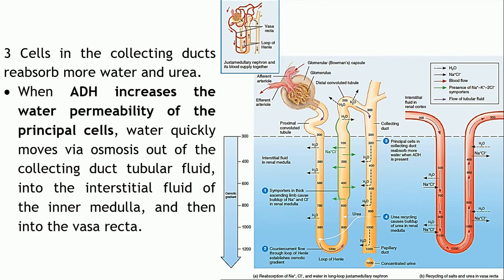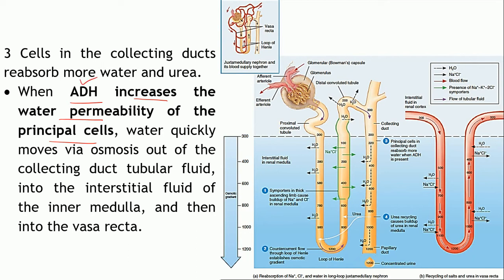Now, in the collecting duct, as the fluid enters the collecting ducts, there will be the influence of ADH, right? As the ADH levels are high, what will happen to the water permeability in this region? It will be increased in the principal cells, because aquaporin channels will be introduced as a result of high levels of ADH.